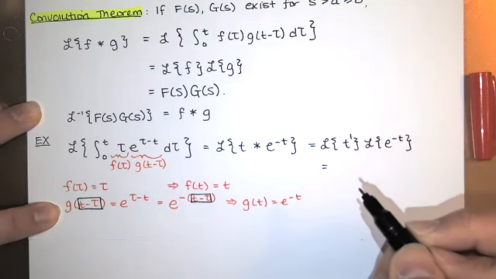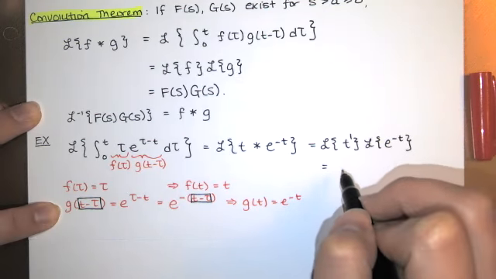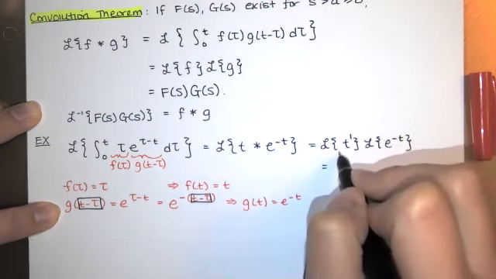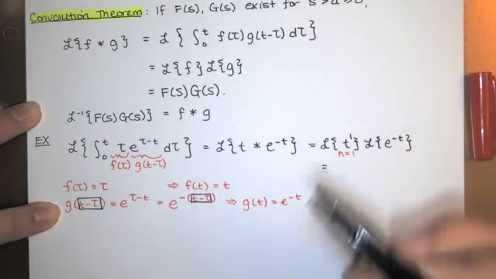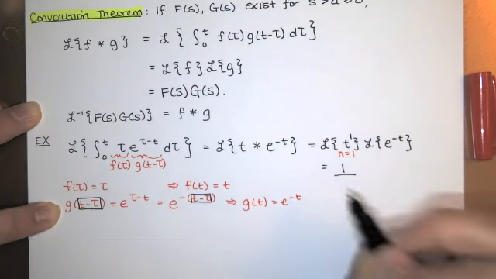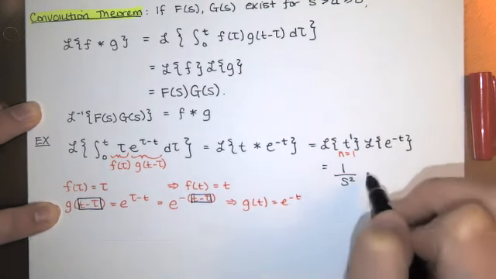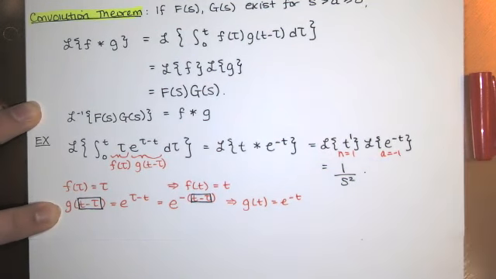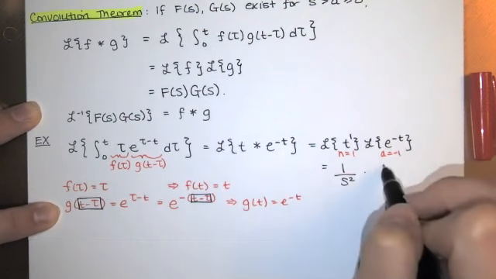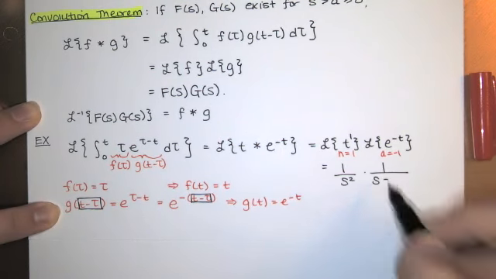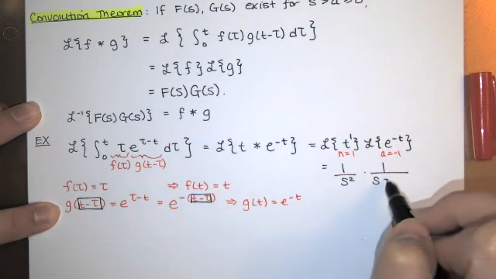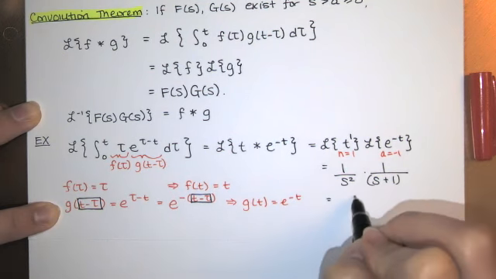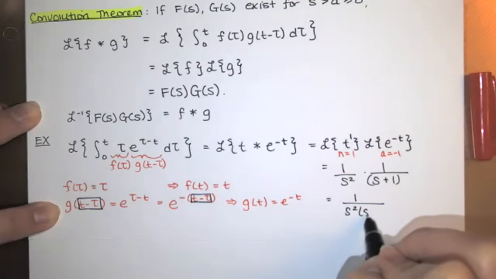That's t to the n. The Laplace transform of t to the n is n factorial over s to the n plus 1. If n is 1, that's 1 factorial, which is 1, over s to the 1 plus 1, which is s squared. And then this is the Laplace transform of e to the at, where a is -1. The Laplace transform of e to the at is 1 over s minus a. In our case, a is -1, so we're going to subtract -1, which is the same as adding 1. When we multiply those two together, we get this.